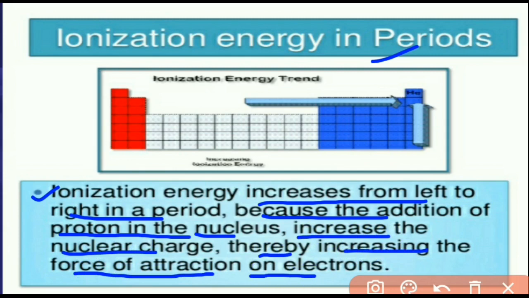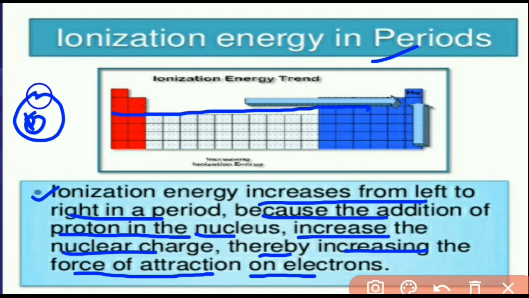It means when we move from left to right, in the same shell the number of electrons increases and the number of protons increases in the nucleus. So the force of attraction increases when we move from left to right.